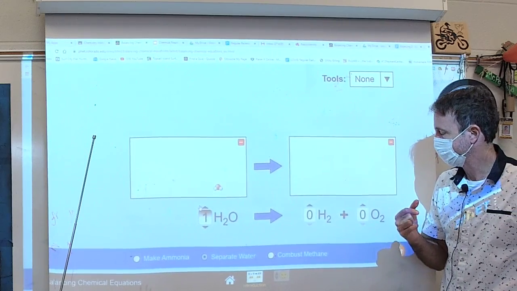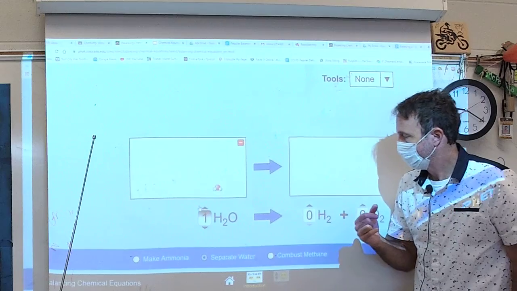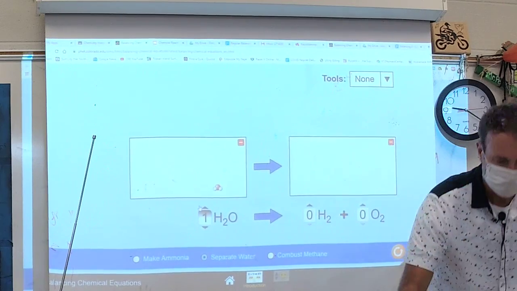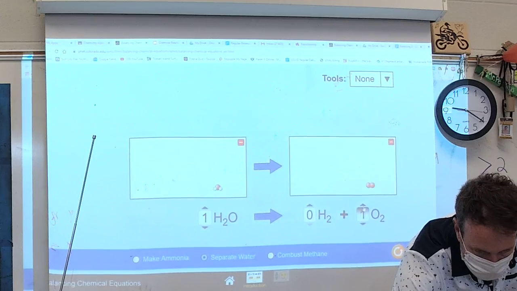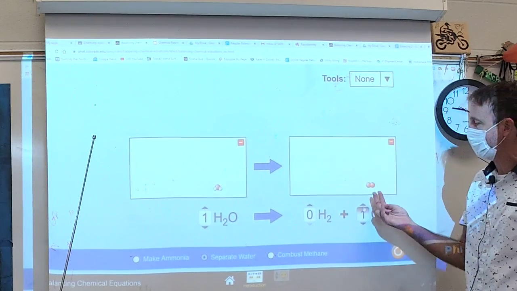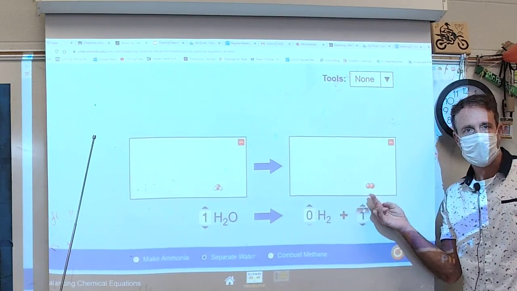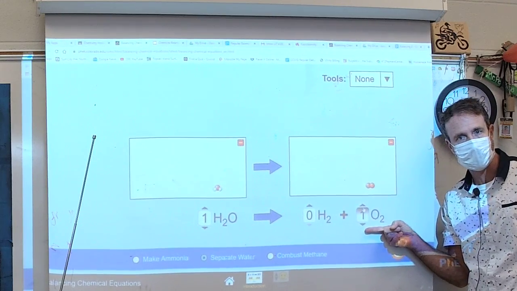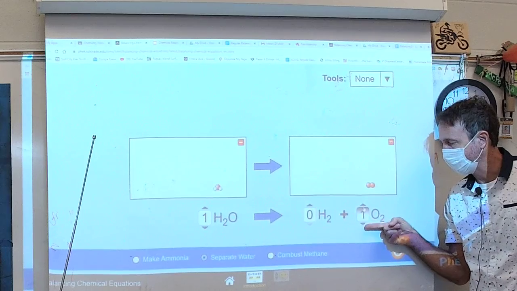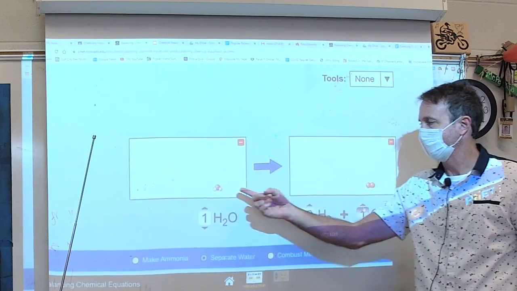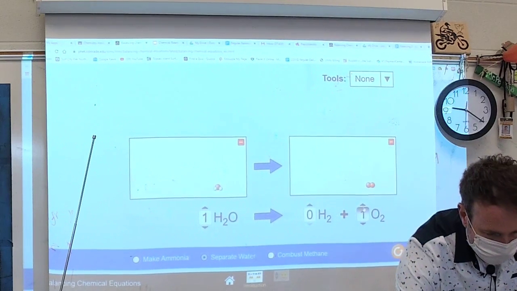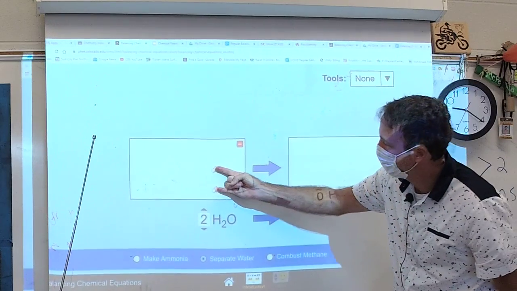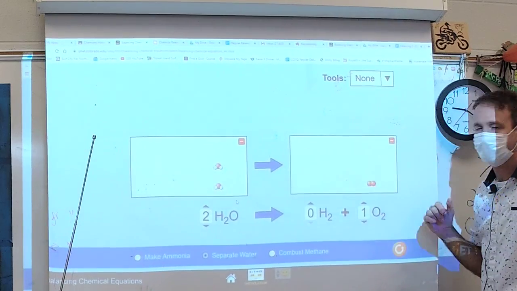So let's get an oxygen atom over here. Well, boop, I can only get my oxygen atoms 2 at a time because the formula for oxygen gas is O2. It's a diatomic, right? So O2. So I'm going to need another orange dot over here. Bip. Now we have 2 oxygens and 2 oxygens.